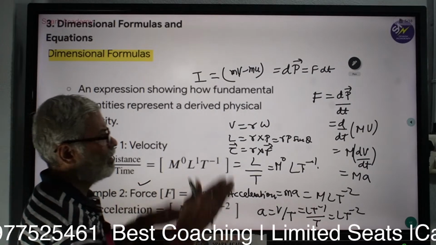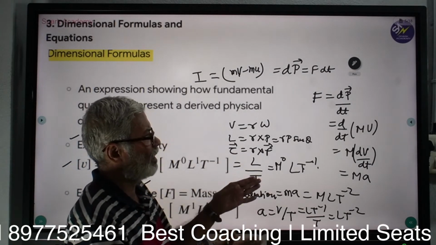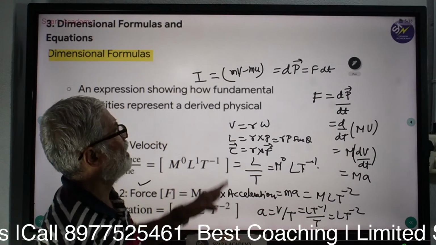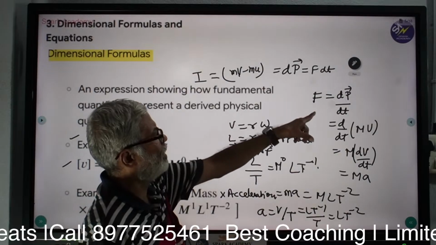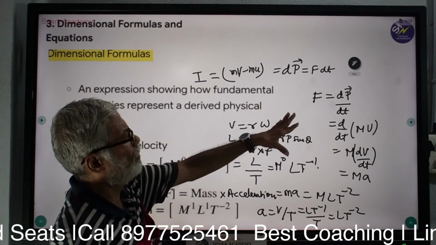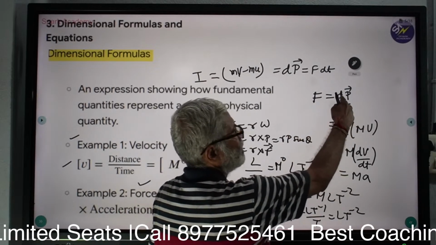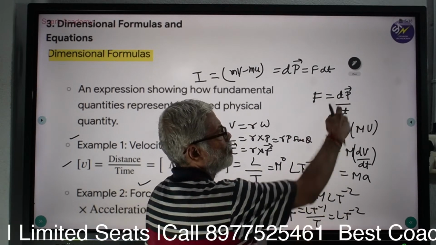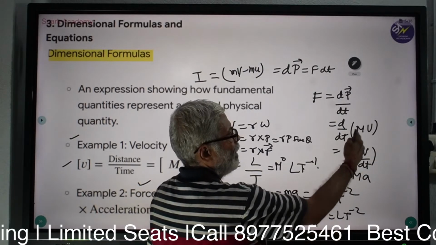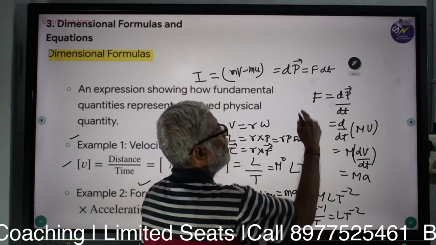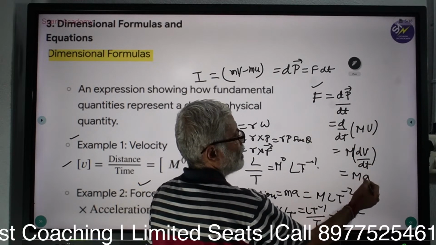Similarly, there are several derived quantities in one chart. Here I showed you how you get the concept of force from Newton's second law. Newton's second law says that rate of change of momentum is equal to force, no? P is equal to mv. M you take common outside, dv by dt. dv by dt is acceleration. So force is equal to mass into acceleration.